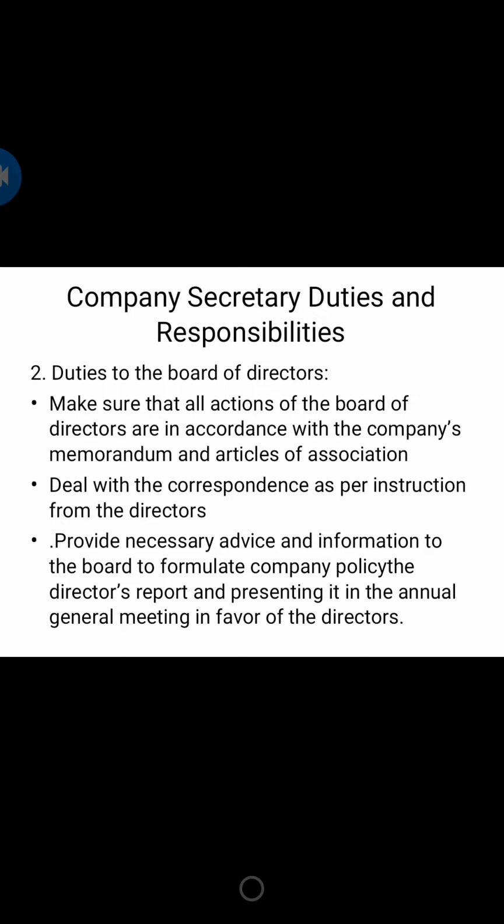At the time of the meeting, he is going to give them the necessary information. Why should the secretary give it? Because he knows everything, right? So he is going to help them to formulate the company policy.